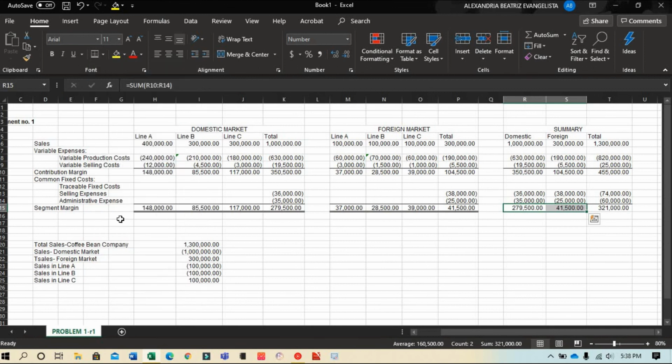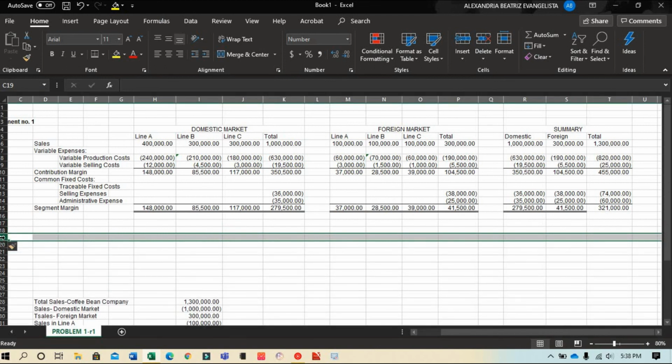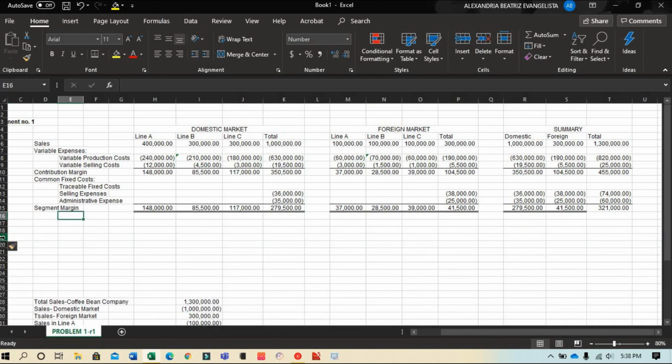Okay, let me just insert a couple of rows here. So now let's break down the non-traceable fixed cost.